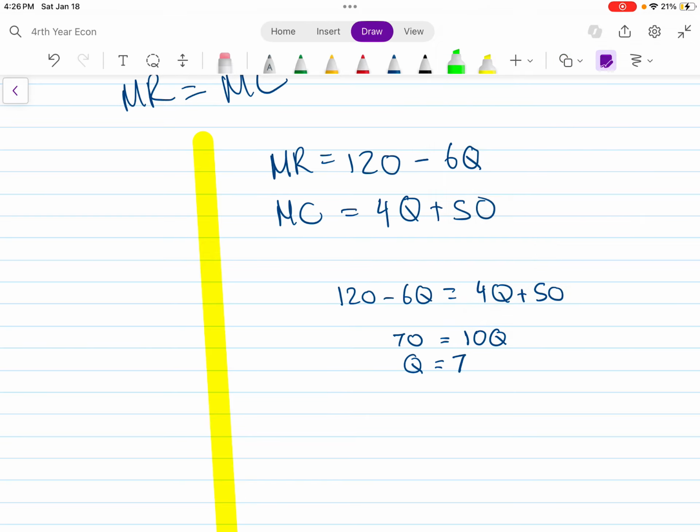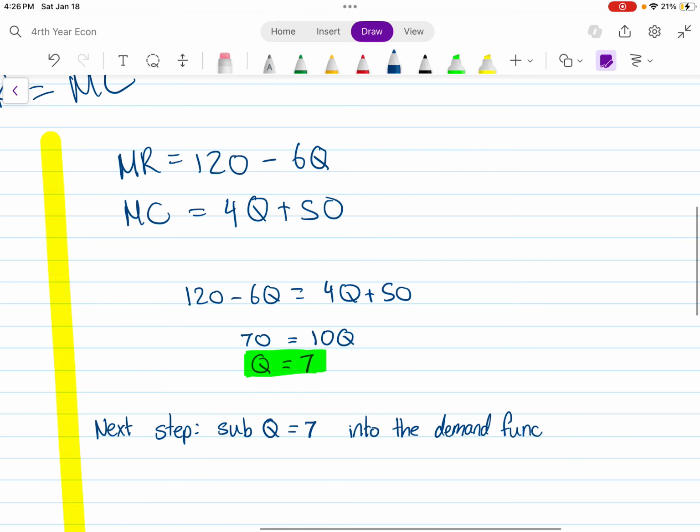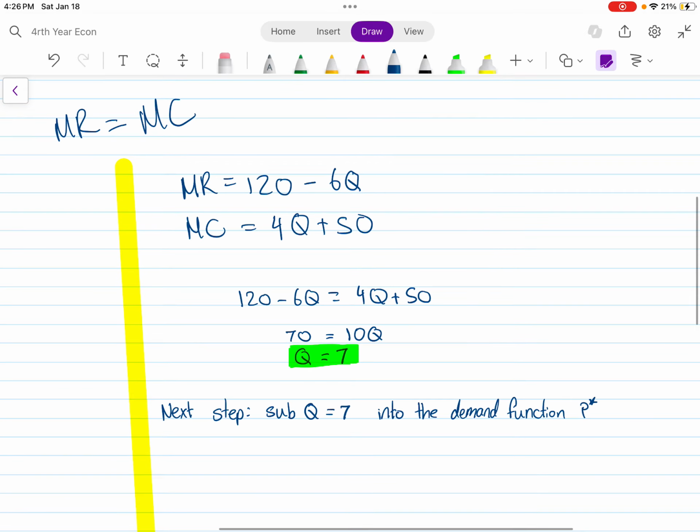So we figured out what our first variable is. Now, all we have to do to find P is we take that Q value and sub it into our demand function. So next step, sub Q equals 7 into the demand function to find out what the profit maximizing price is.